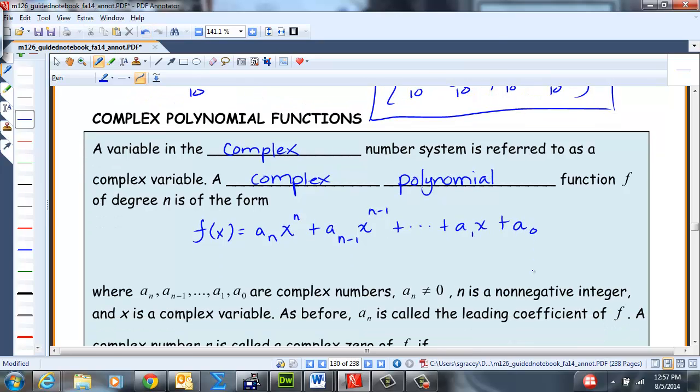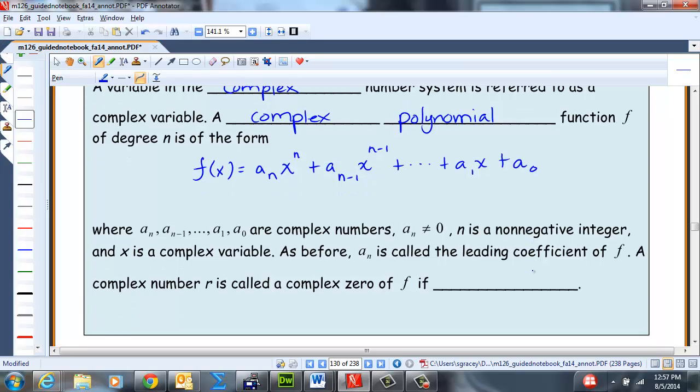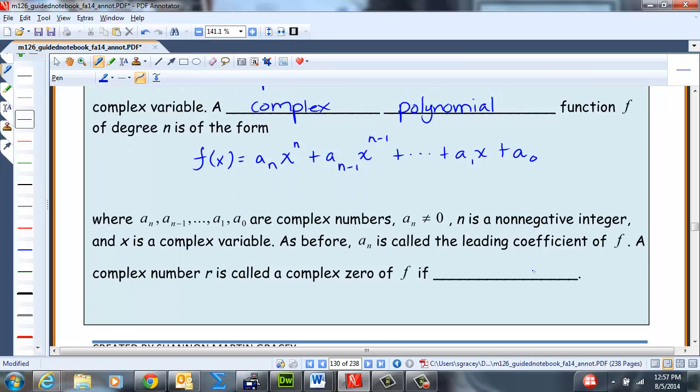So it's the same format as a regular polynomial, but you could have complex coefficients in there. So a sub n, a sub n minus 1, those are in the complex number system. a sub n is not equal to 0, n is a non-negative integer, and x is a complex variable.